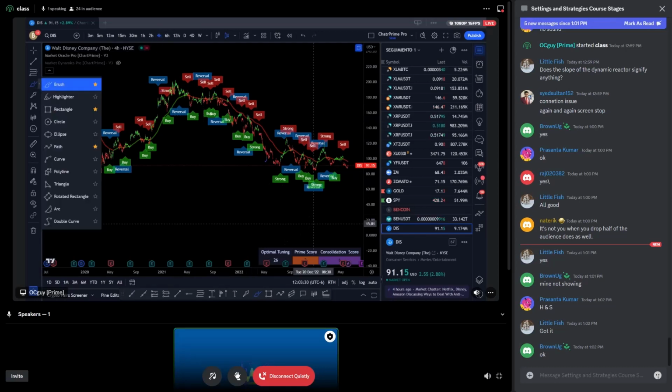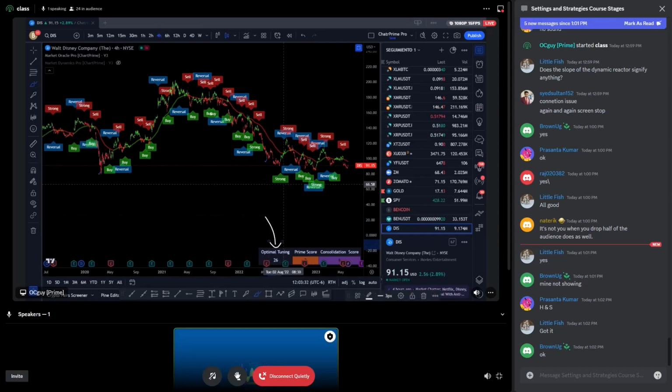And then start increasing my optimal tuning until, when I break below the dynamic reactor, I have one single sell signal, and when I break above the dynamic reactor, I have a buy signal. Then when I break below again, I want another sell signal, and when I break above, another buy, and so on and so forth, right?